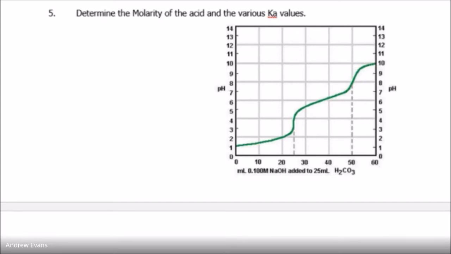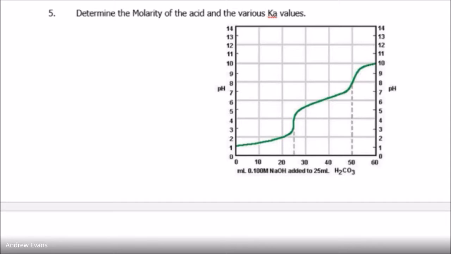But at 12.5 mils, it's kind of hard to say, maybe like 1.5, I'll say 1.7. So the pH is 1.7, and 10 to the negative 1.7 would be something like 1.99. So we'll say 2 times 10 to the negative second.